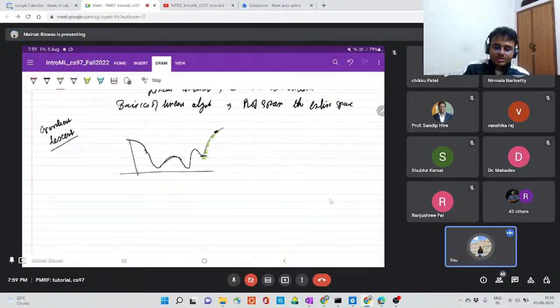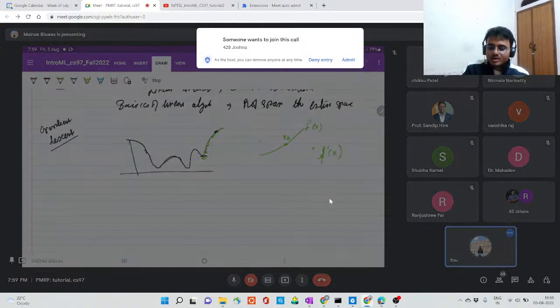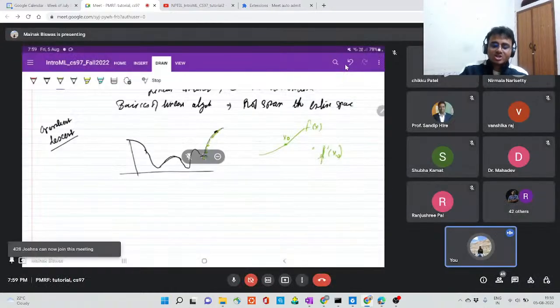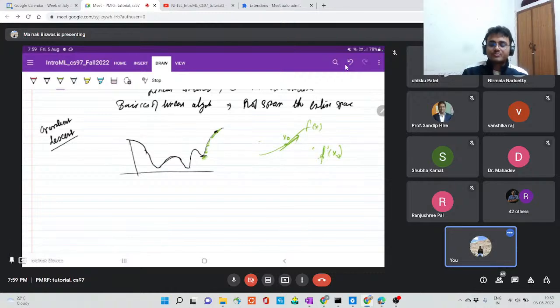The gradient is along the differential of the curve. So this is f of x. So f prime of x at a particular x0 gives you the direction in which the function increases by the maximum amount.